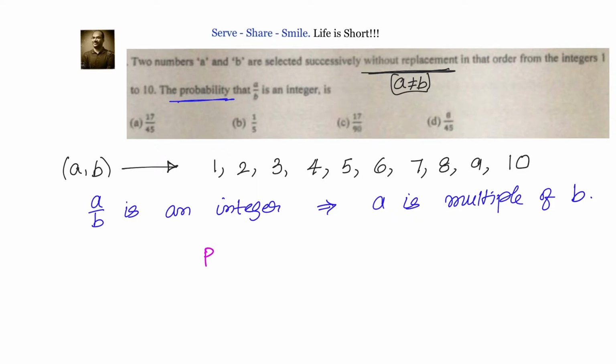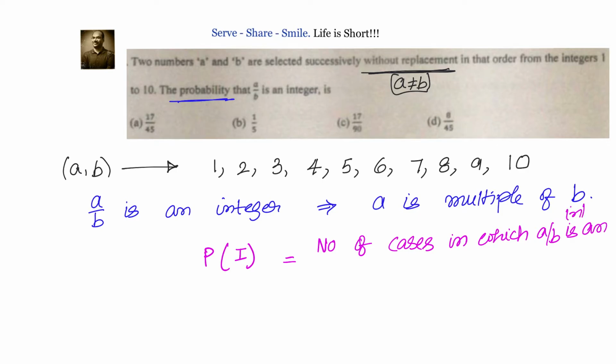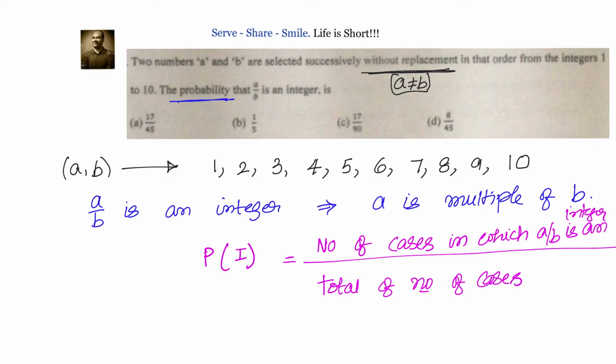So I'll write down the probability that a by b is an integer. Let us say probability of I equals the number of cases in which a by b is an integer, divided by the total number of cases or options available.